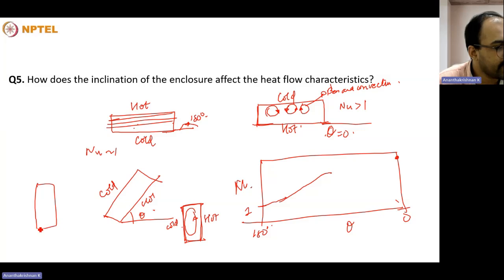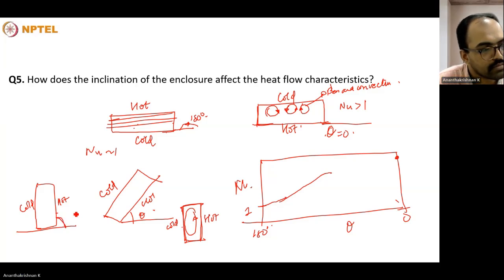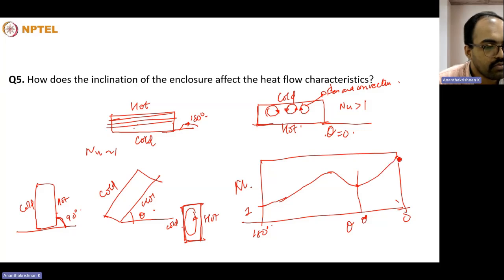When it reaches 90 degrees, you can expect a maxima because the hot wall is on the left and the cold wall is on the right, and the gravity buoyancy will be completely assisting the natural convection. So in this case, the angle will be 90 degrees and you can expect a maximum. As and when we tilt it back toward 0 degrees, you could see a drop, and it reaches a particular critical angle theta star, from where it goes back to theta equal to 0, that is the Bernard convection case.